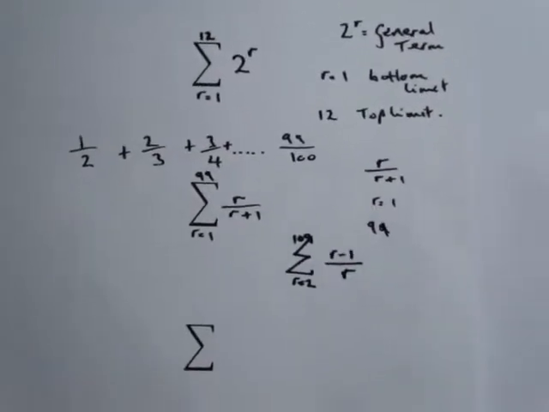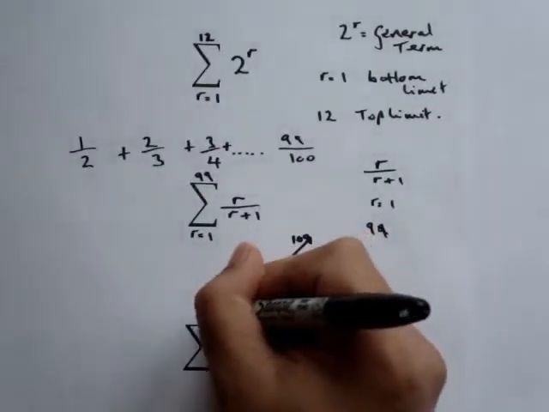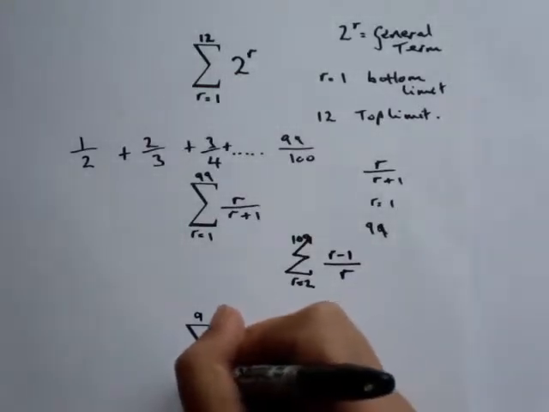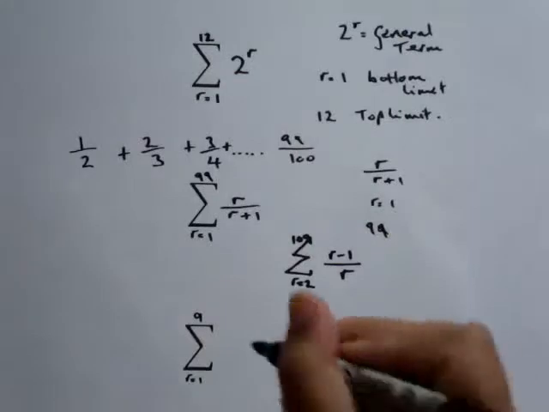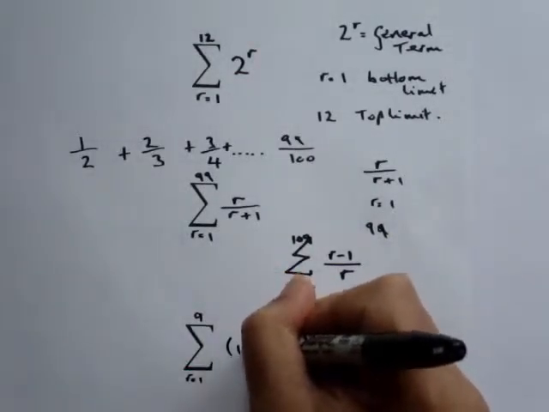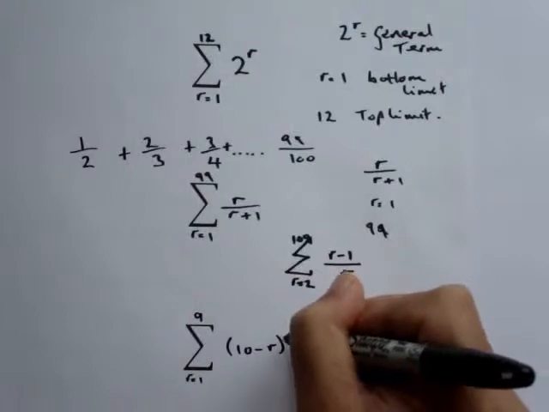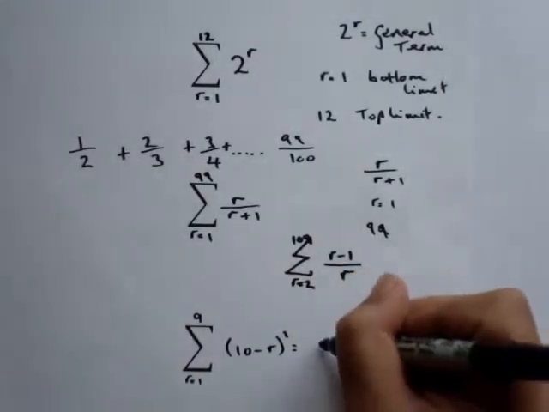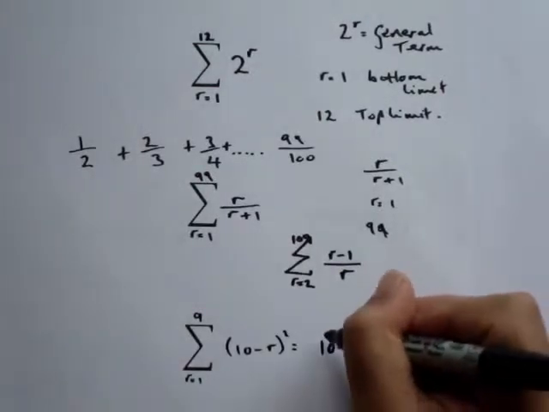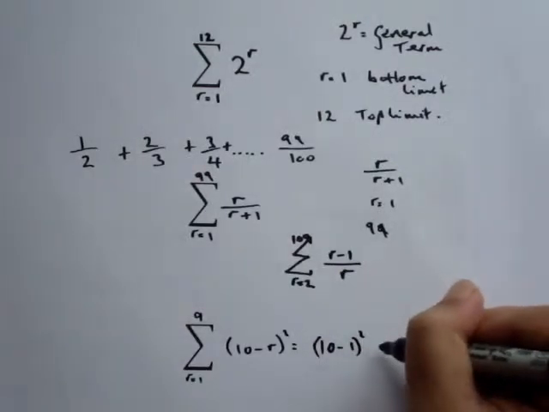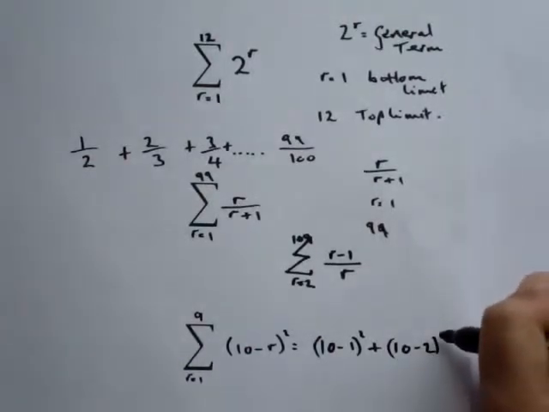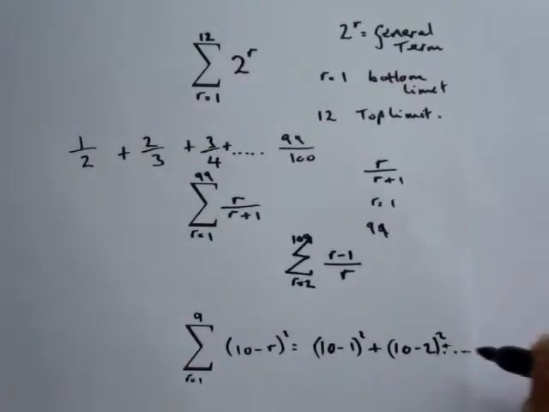Now let's have a look at this one, which has the top limit 9, the bottom limit 1, of 10 minus r squared. So this is nothing but 10 minus 1 squared plus 10 minus 2 squared, and so forth.